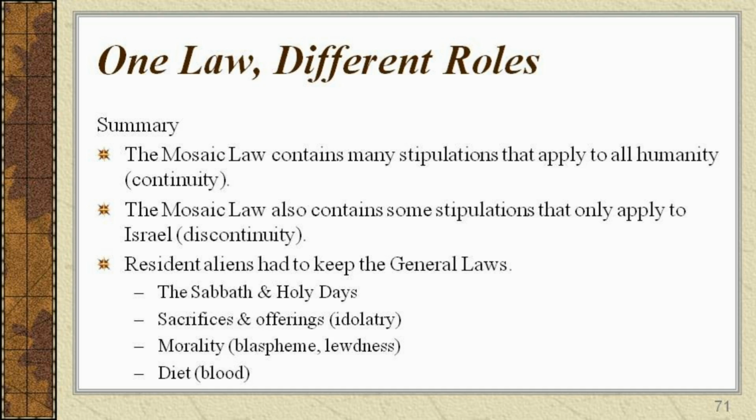God had one law for the land of Israel, but different people had different roles and responsibilities under that one law code. This represents a fundamental discontinuity between what God expected of Israel and what he required of Gentiles.